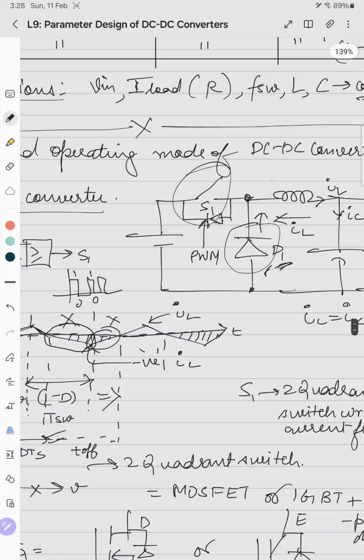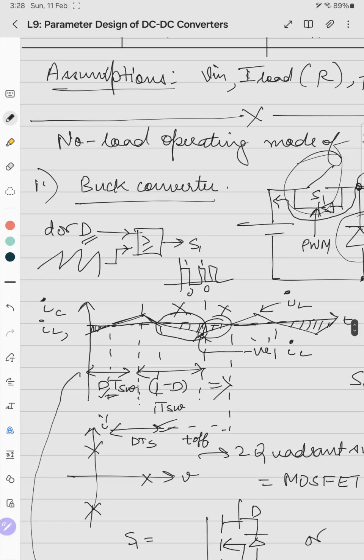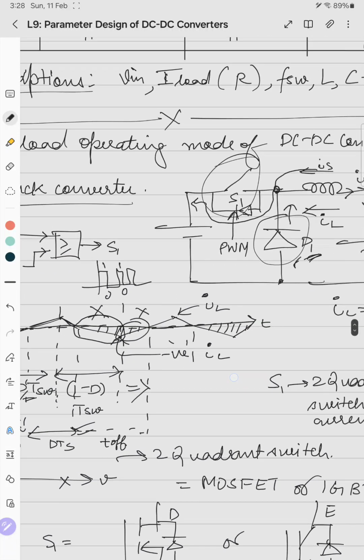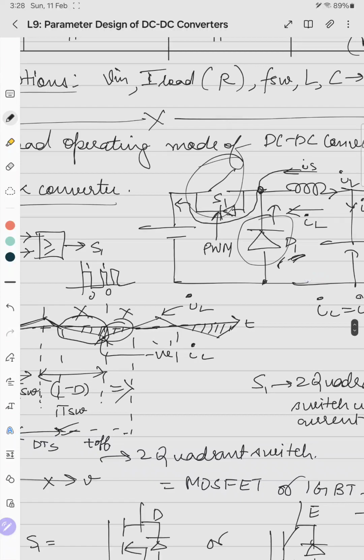So the negative IL will flow through the diode like this to the source. Then when the switch is off, if the inductor current is positive, that is not a problem. But when the inductor current is negative and the switch is off, the diode is reverse biased, which means that now the diode is off, switch is off.